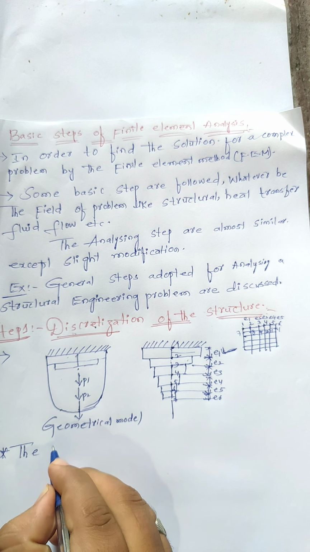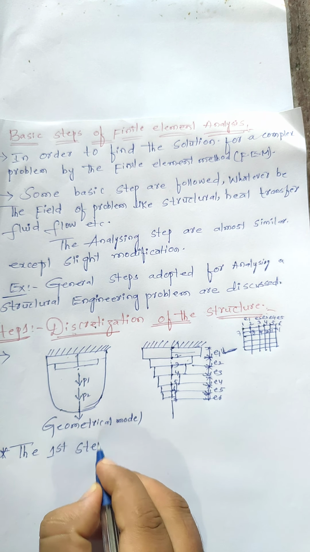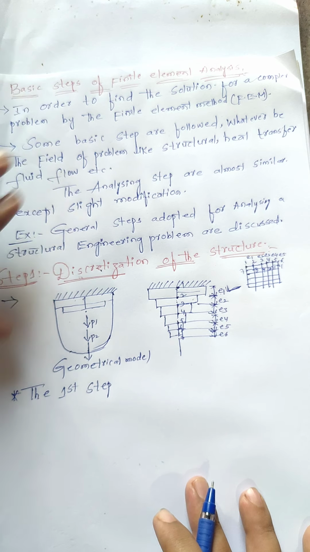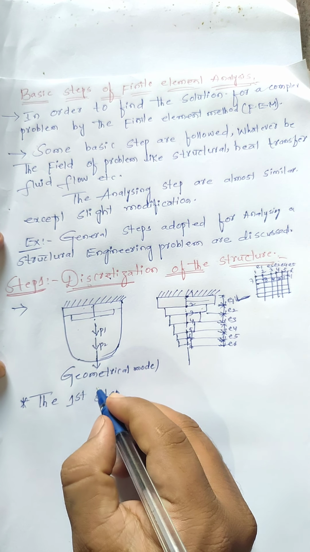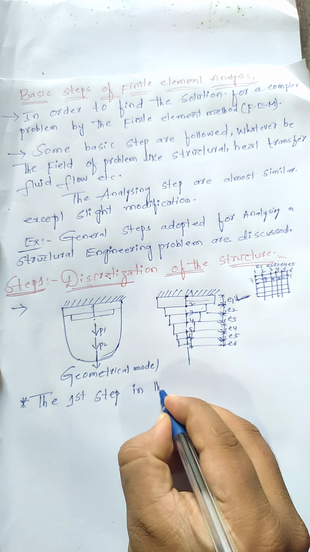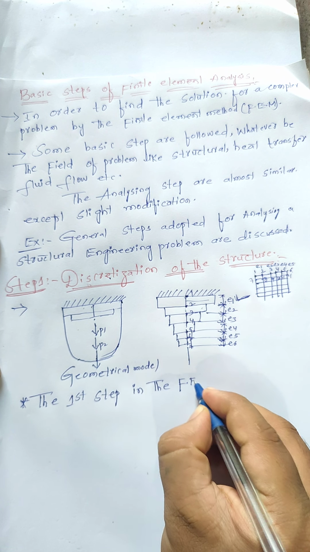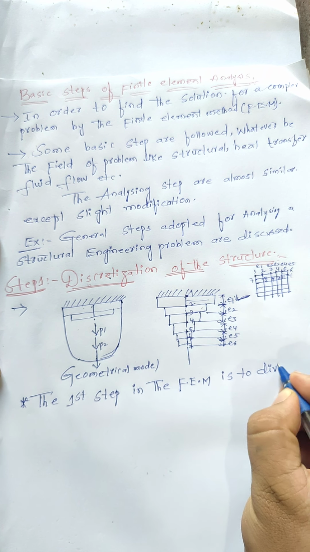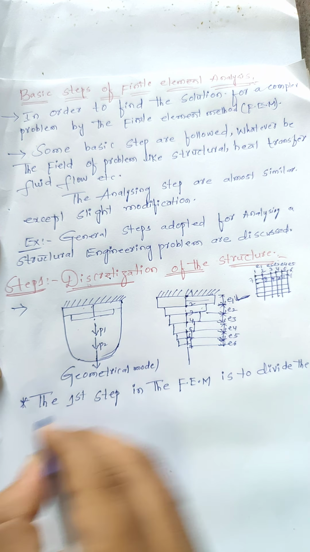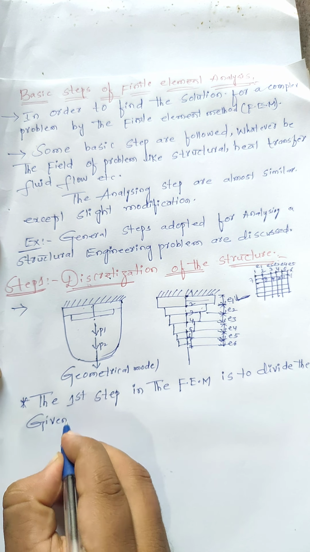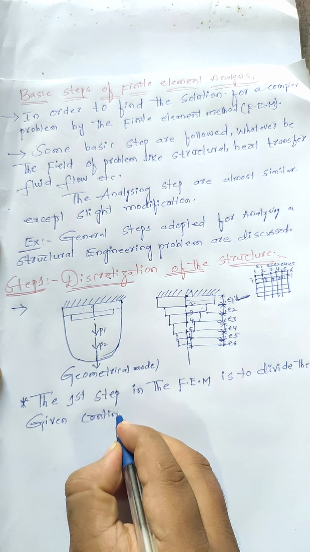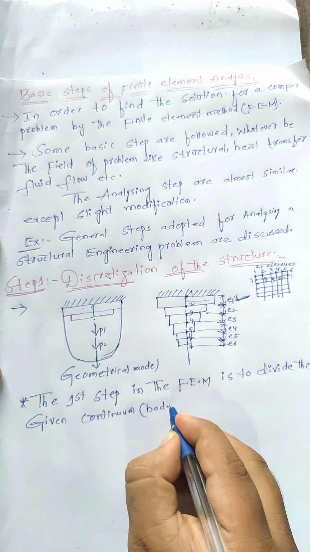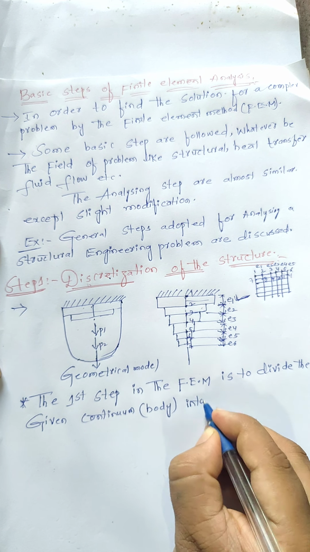The first step in the finite element method is to divide the given continuum, what we can say continuum, nothing but we can say as body, into smaller regions.